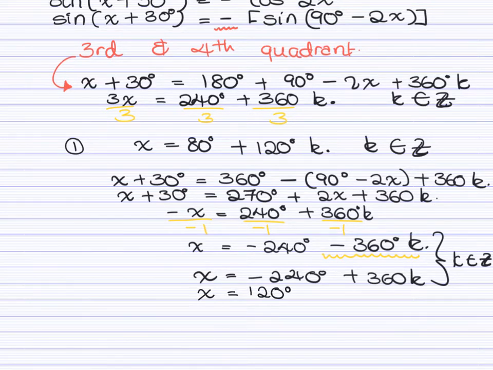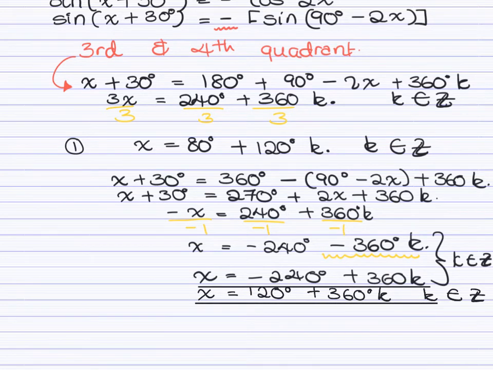120 degrees plus 360 degrees k, again, k is your integer. So either of these two would suffice, the negative 240 degrees or the positive 120. Remember, I said to get to the positive 120, you would have to add 360 degrees. So at this point here, we added 360 degrees.